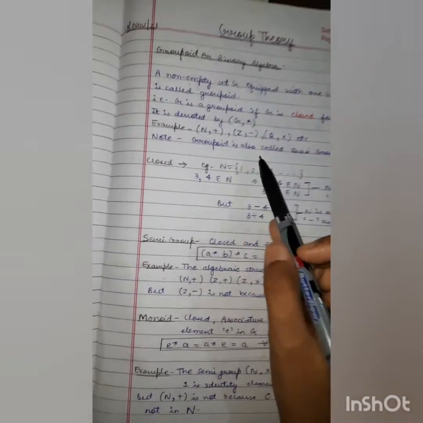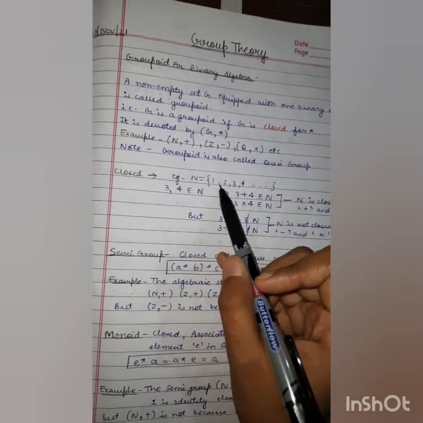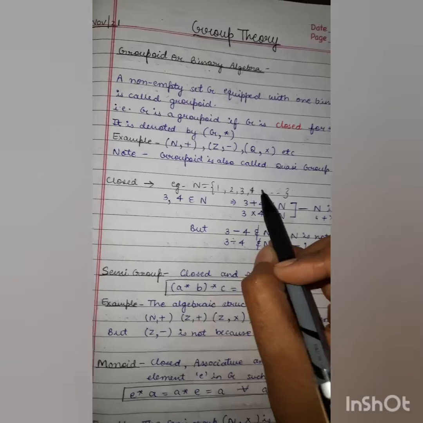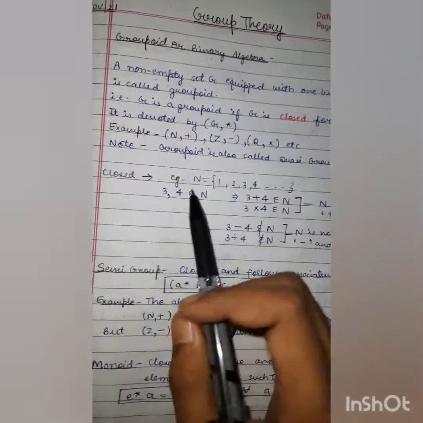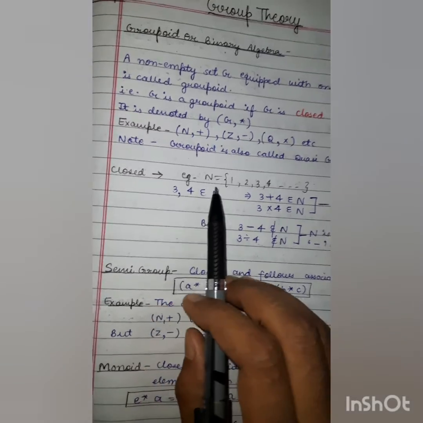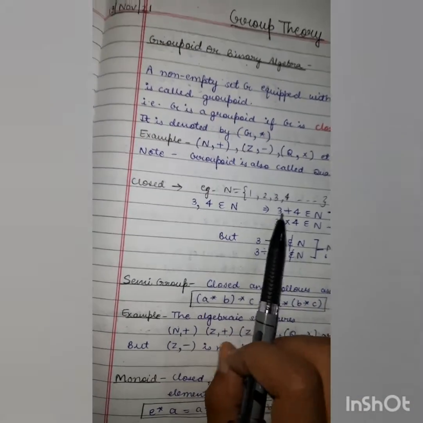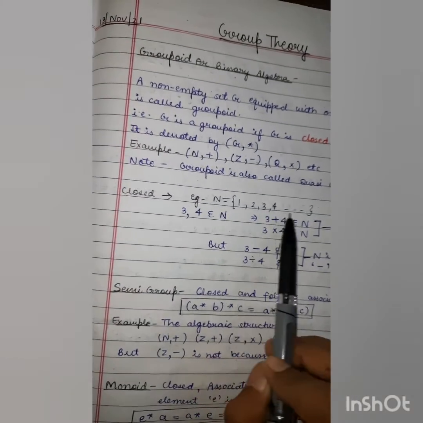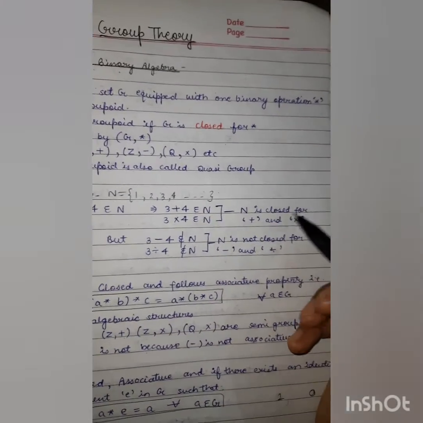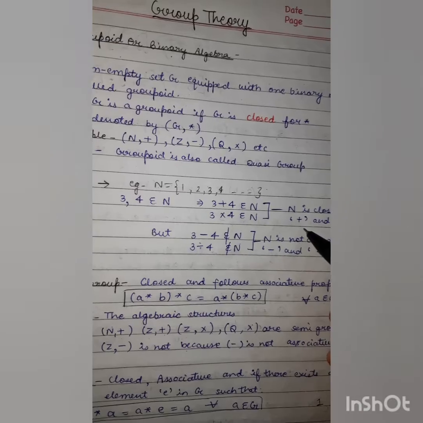Suppose we take N to be the set of natural numbers, and we take two numbers 3 and 4. If we add these two numbers, 3 plus 4, then we will get 7, and we can see that 7 belongs to this set N. So we can say that N is closed for addition operation.